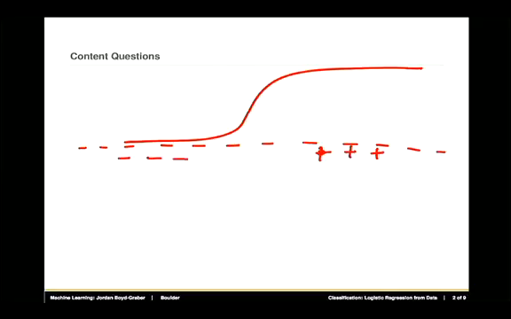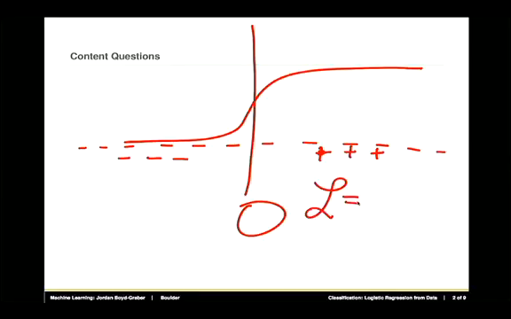So no errors whatsoever, because 0 is right about here. We have pluses on the right, minuses on the left. Great. But remember, our objective function is the sum of log of p(yi given xi). And one thing that you can notice is that you can increase the score by just shifting these over to the right a little bit.